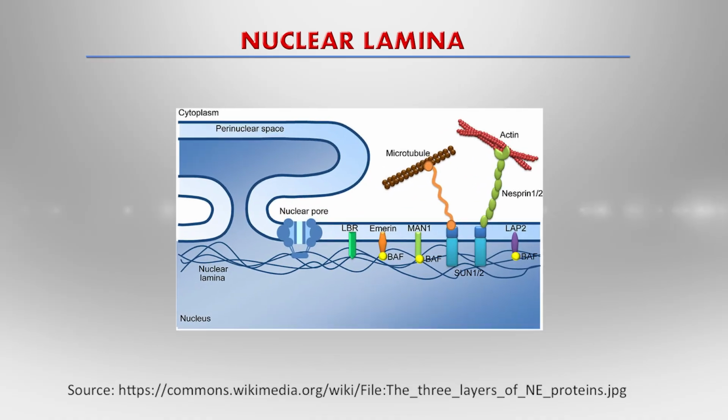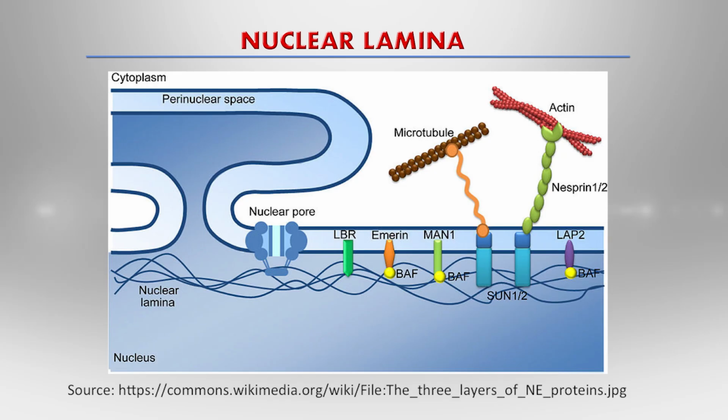And there is another protein framework which is made up of lamin proteins, which is called the nuclear lamina. The nuclear lamina is attached to the inner membrane of the nucleus. It provides mechanical strength to the inner membrane of the nucleus, and it helps DNA replication.